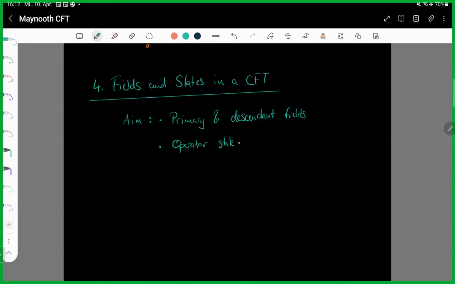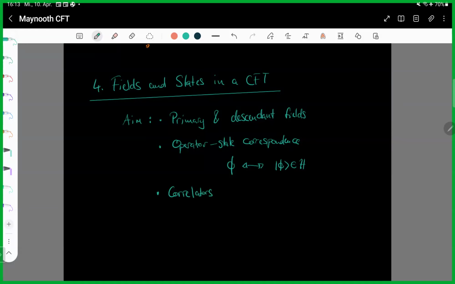It turns out that every field phi is in relation to a state phi in a Hilbert space of a quantum CFT. We're going to talk about that, and we're going to talk a bit about correlators.